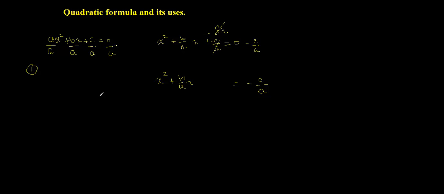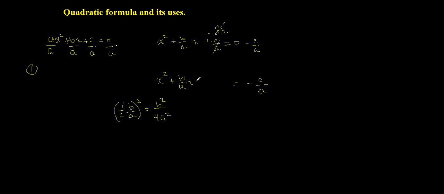Now, if you recall completing the square from a previous video, the middle coefficient here, b over a, you take half of that and you square it. So half of b over a, and then we square that, gives us b squared over 4a squared, and then we add it to both sides of the equation.